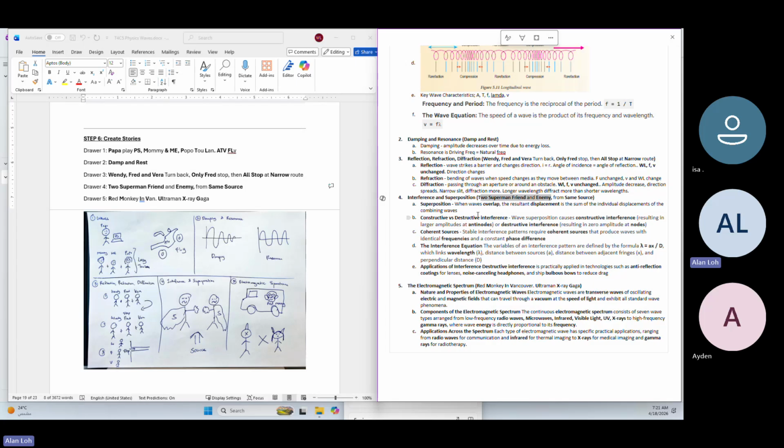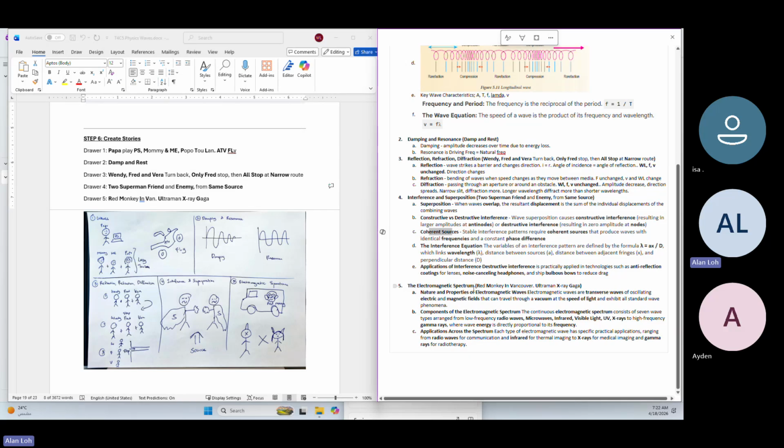So this explains constructive and destructive interference of 2 waves, right? Then coherent sources is the same source. They came from the same source, whether from the same mummy or the same planet, right? Coherent source. So what is a coherent source? Having identical frequency and constant phase difference, right?